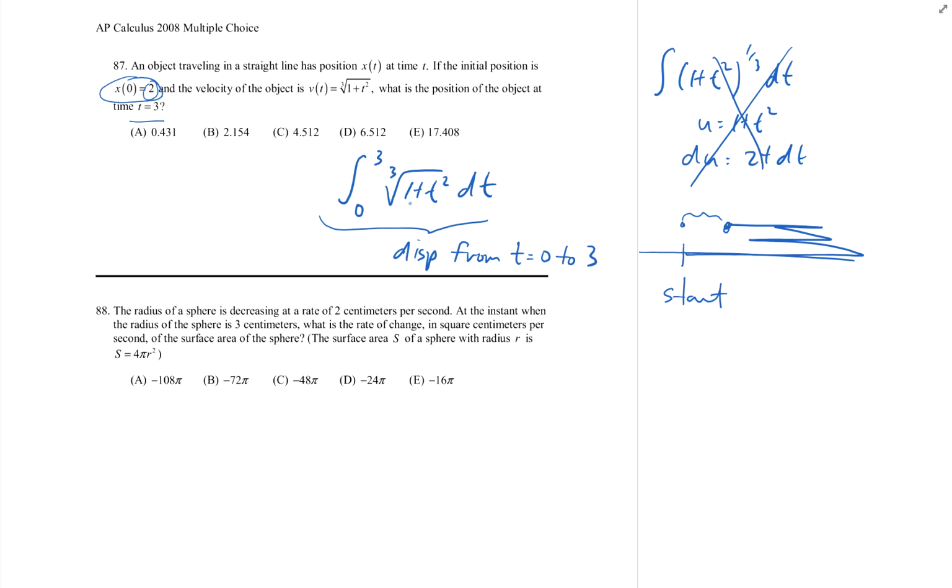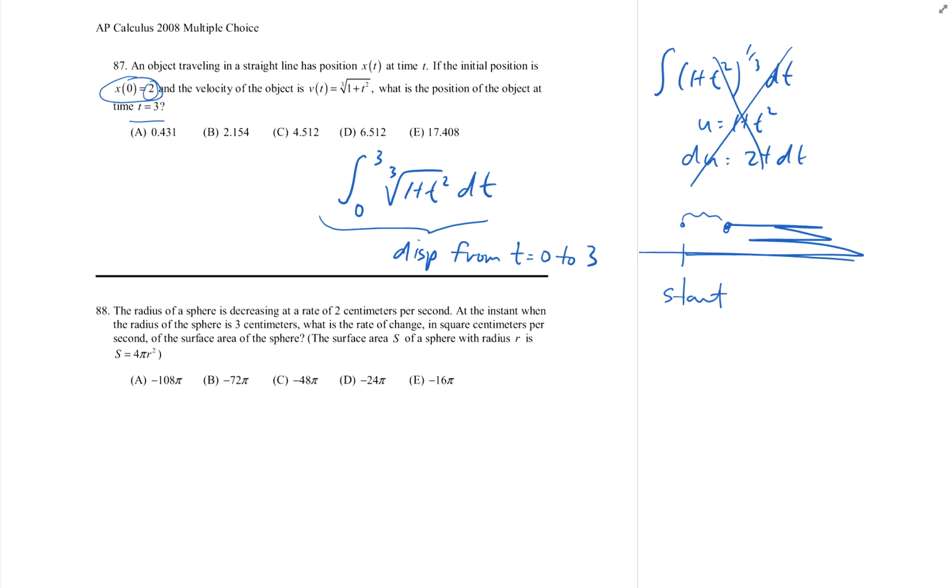Did I put that in right? Guess what I did? I did derivative again. Be careful doing that. You guys probably never do that. So let's do it again. Sorry.